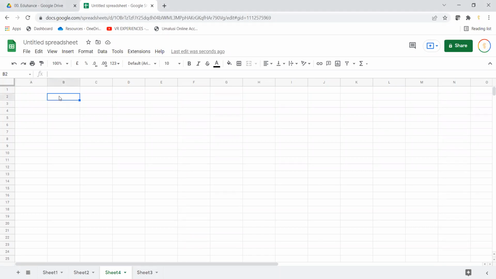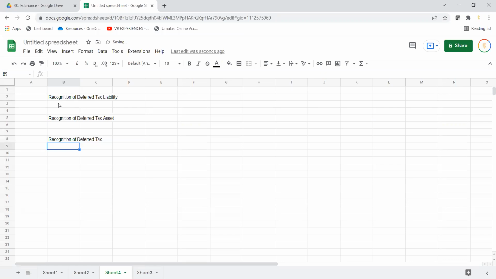Okay, so the last part I want to cover is recognition of a deferred tax liability, and then recognition of a deferred tax asset, and then recognition of deferred tax.